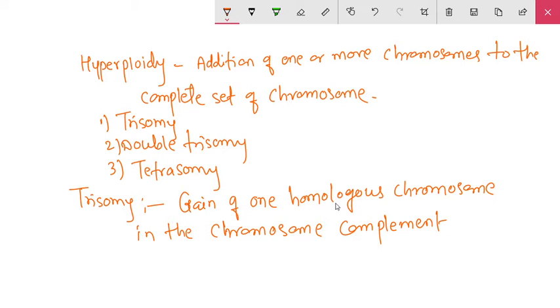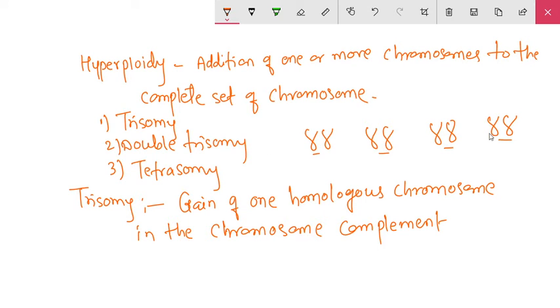So we will draw one figure here. For example, the organism has four pairs of chromosomes, that means the diploid organism has 8 chromosomes. The pair of homologous chromosomes: one, second, third, and fourth.